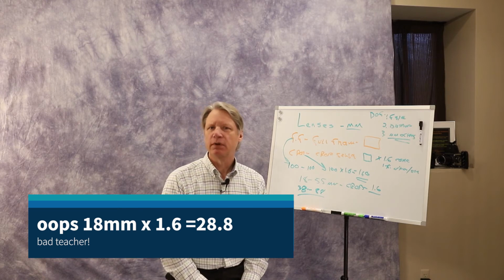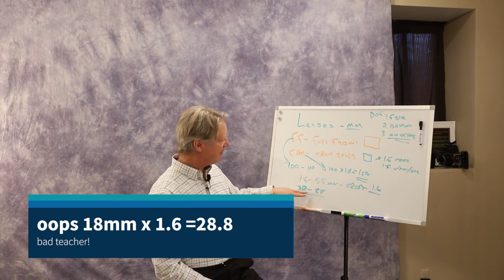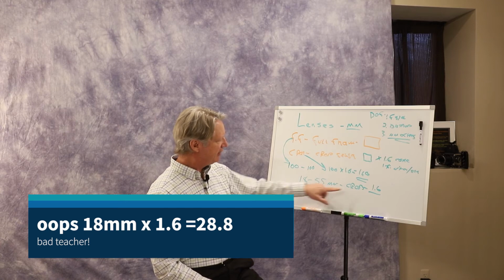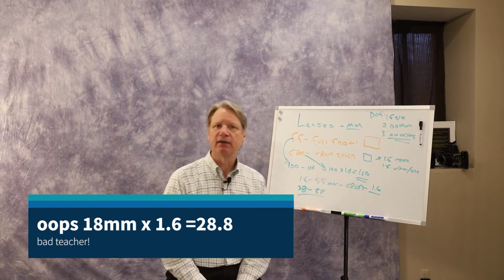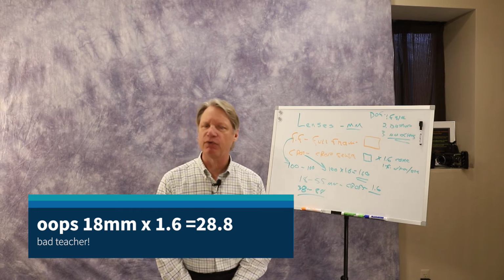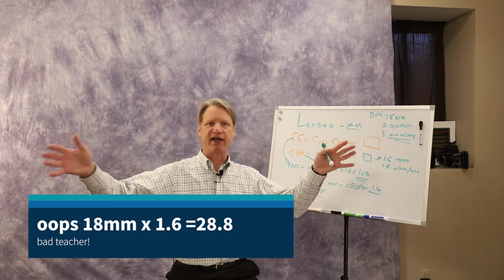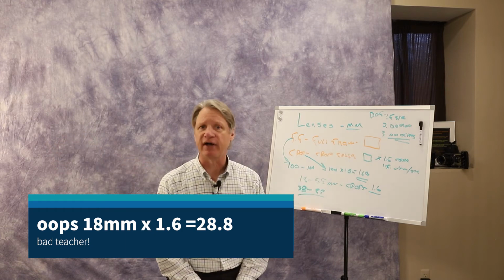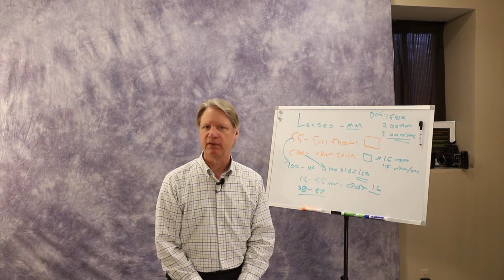So that lens, if you were able to put it on a full frame camera, would be an 18 to 55. But with the X factor on the crop sensor camera, it's really like a 29 to 88. Now, again, the camera manufacturers aren't dumb. Why did they pick that zoom range? Because 29 millimeters is kind of wide. It's a nice angle of view. My favorite lens on a film camera back in the day was a 35 millimeter lens.